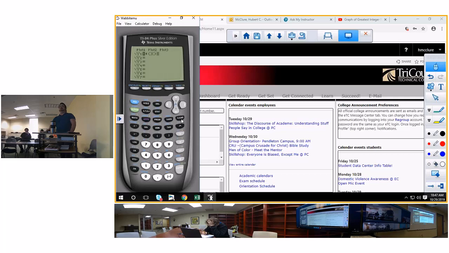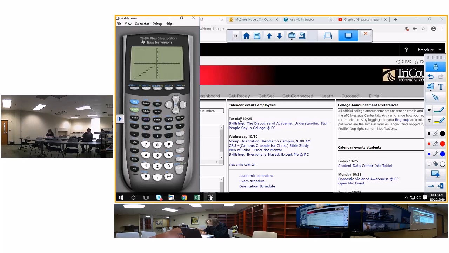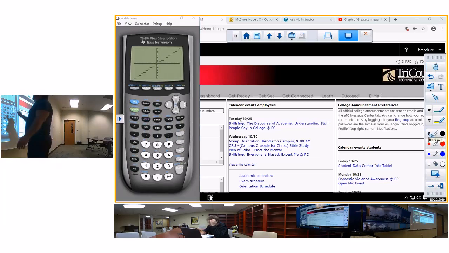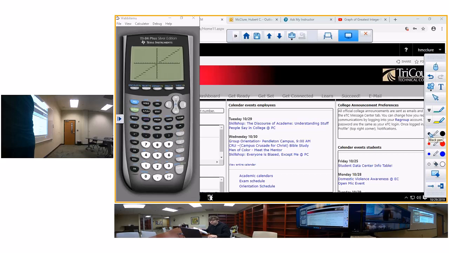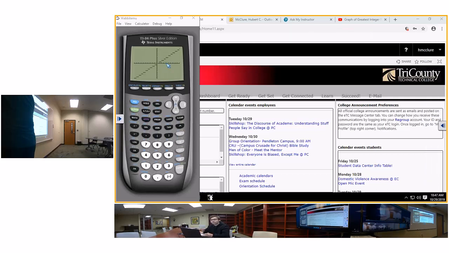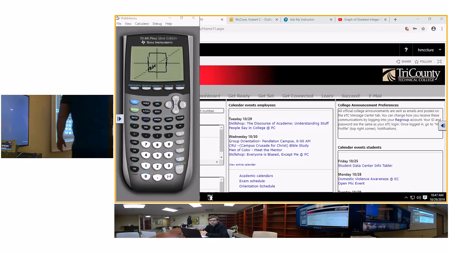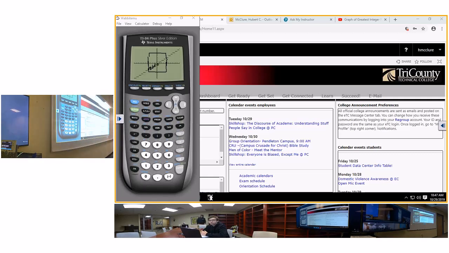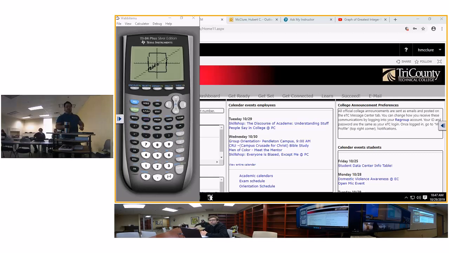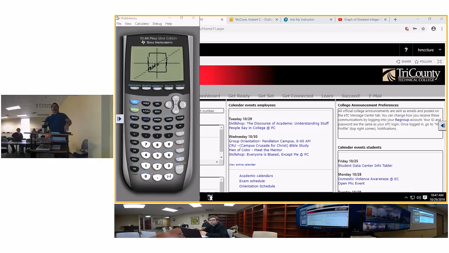So you just hit graph, and there's your graph, and then whatever your domain is, you can set your window 1, 2, 3, 4, 1, 2, 3, 4, and now you put closed, open, closed, open. Or you just match it up with whichever graph they're giving you. Does that make sense? I don't want to spend a lot of time on something that I'm probably not going to test you on, but that's how you do it.